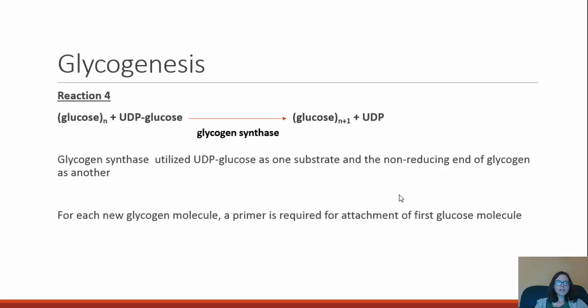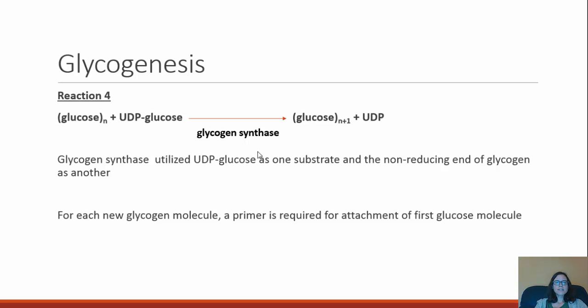It's energy requiring, and we're adding the UDP onto the glucose. Okay. And then in our last reaction for adding these glucoses onto the glycogen polymer with the alpha-1,4 bonds is that we have our glucose polymer that's already started. We add on the UDP glucose, and with the enzyme glycogen synthase, this is an important one, we're able to add the glucose onto this original glucose polymer, and the extra UDP is released in free form to be resynthesized to UTP, presumably.